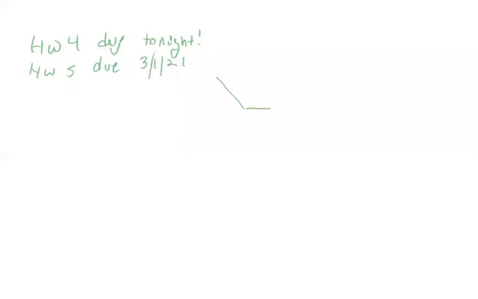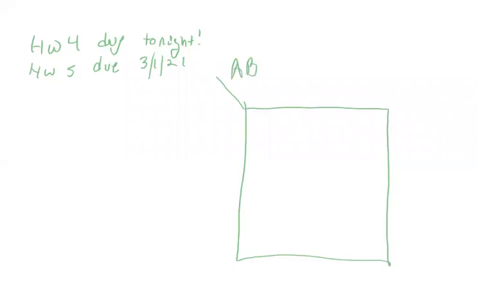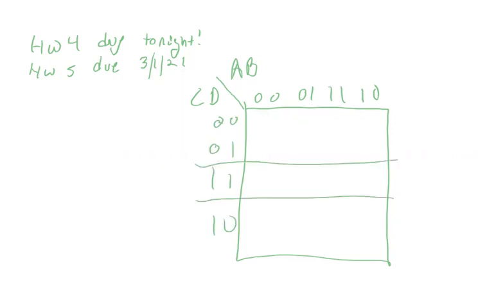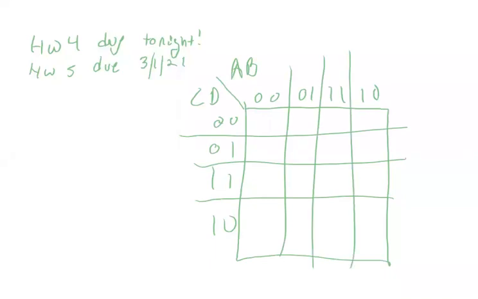So what I'm looking at here is a 4-variable KMAP. And what we'll do is number the KMAP.